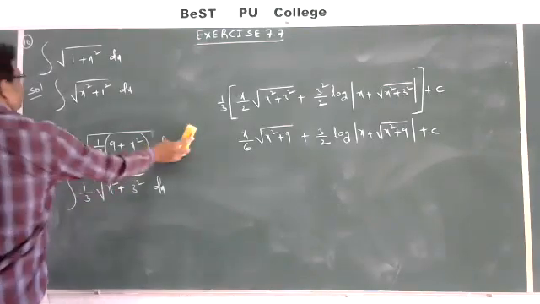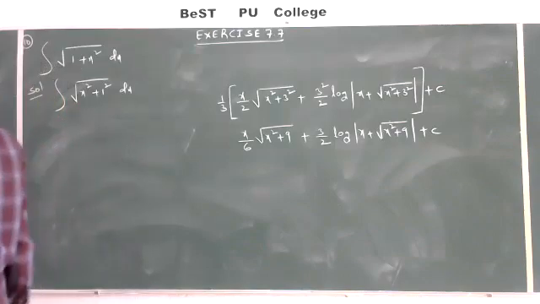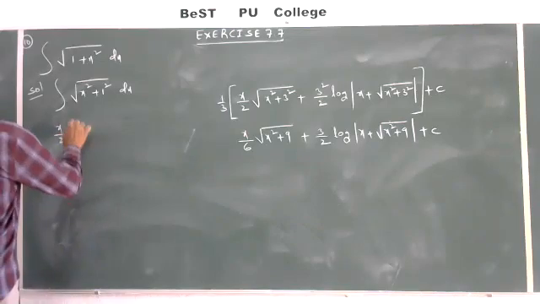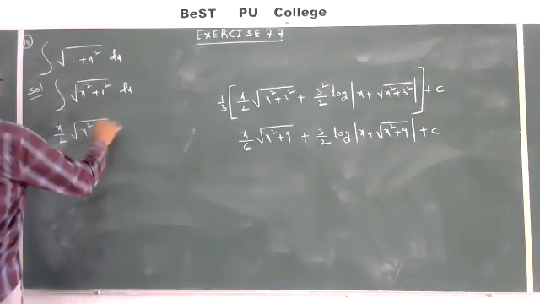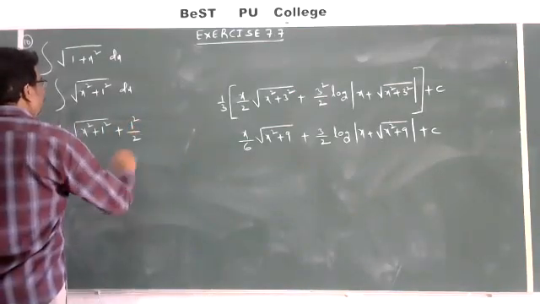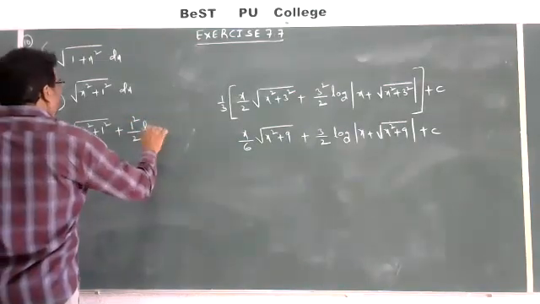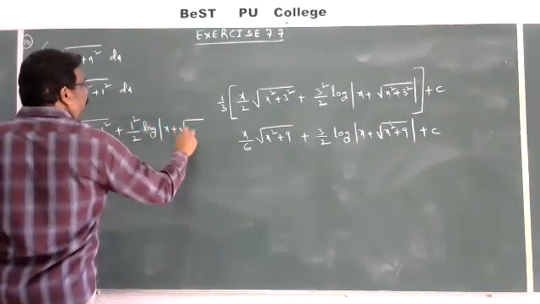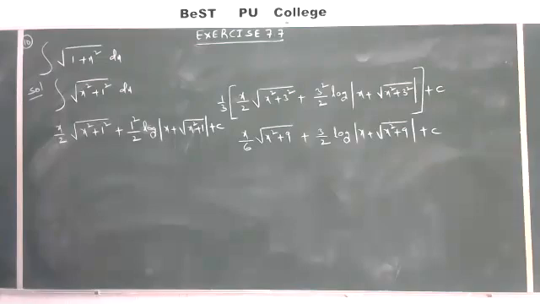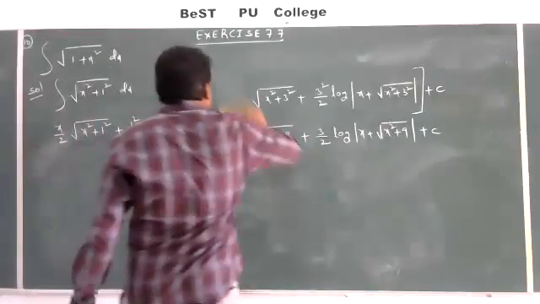So integral root of x square plus a square is x by 2 into root of x square plus a square plus a square by 2 into log mod x plus root of x square plus 1 plus c. That is x by 2 into root of x square plus 1 plus 1 by 2 into log mod x plus root of x square plus 1. Single step. You remember the formula.